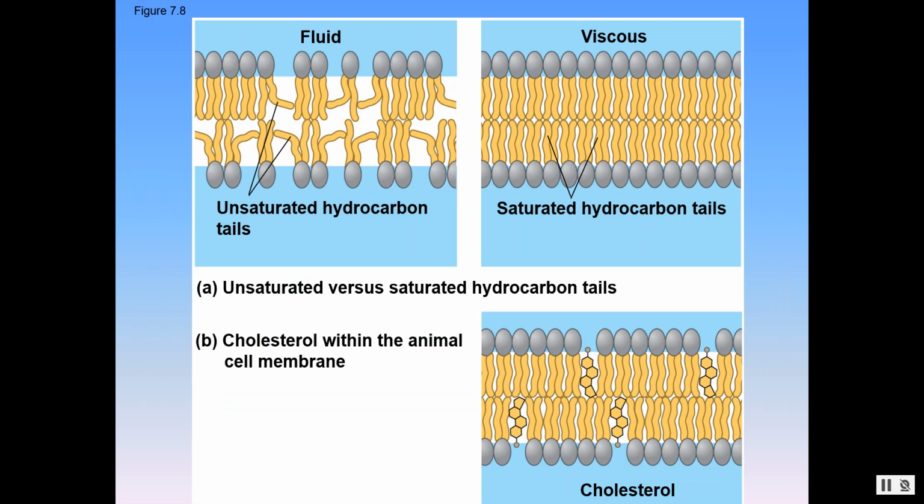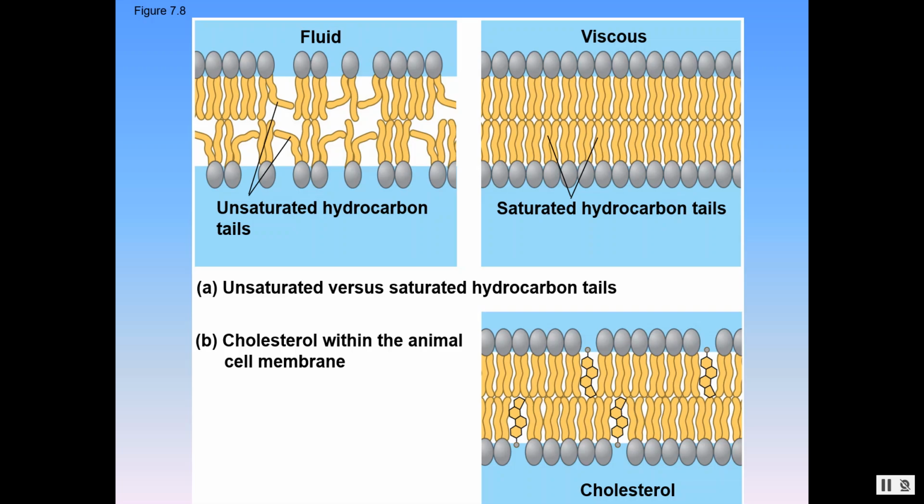The membrane itself can have a couple of different characteristics that affect how fluid it is. Some are very rigid and some are very, very fluid. Why does this happen? We know about saturated and unsaturated fats. Well, that applies here as well.